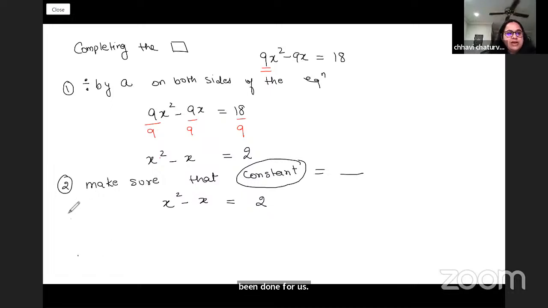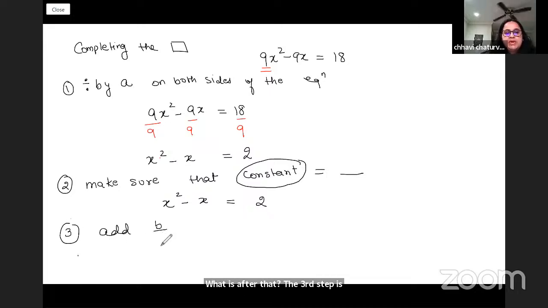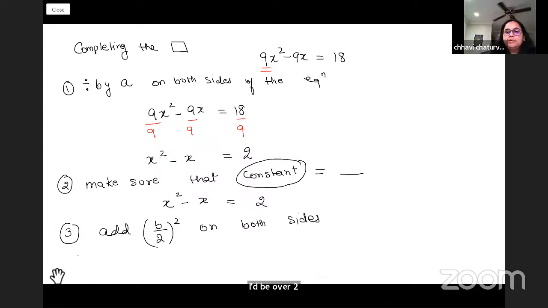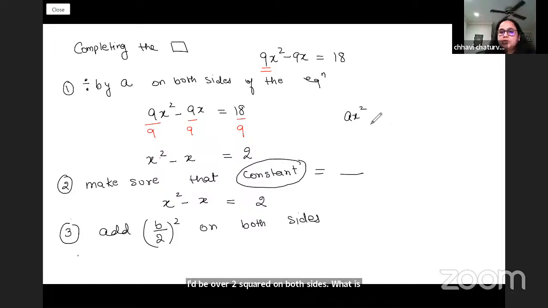What else after that? The third step is to add b over 2 squared on both sides. Add b over 2 squared on both sides. What is b? So let's write down the quadratic equation again in the standard form. b is the coefficient of x.